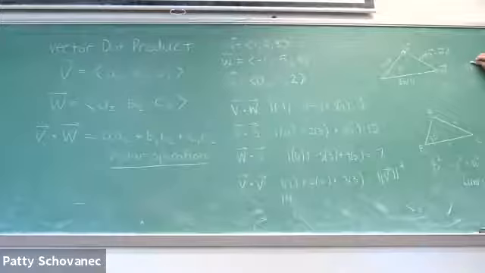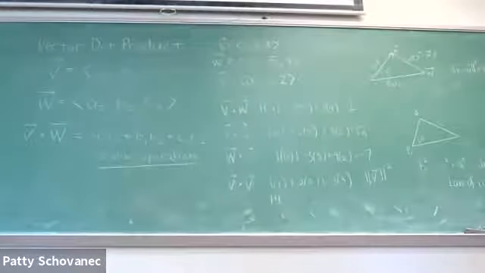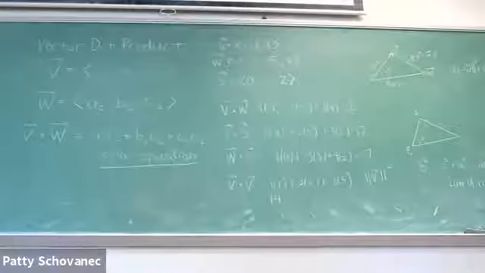Magnitude of V minus W squared is equal to magnitude of V squared plus magnitude of W squared minus 2 times the magnitude of V, magnitude of W, times the cosine of the angle between vectors V and W.